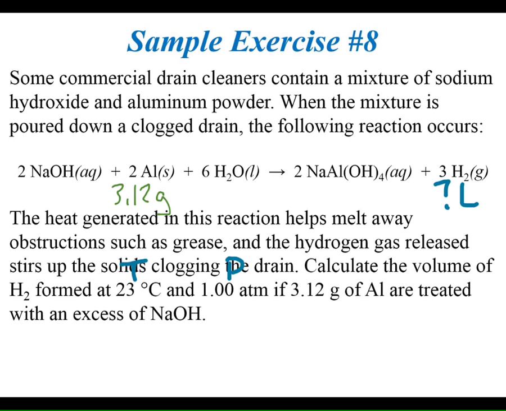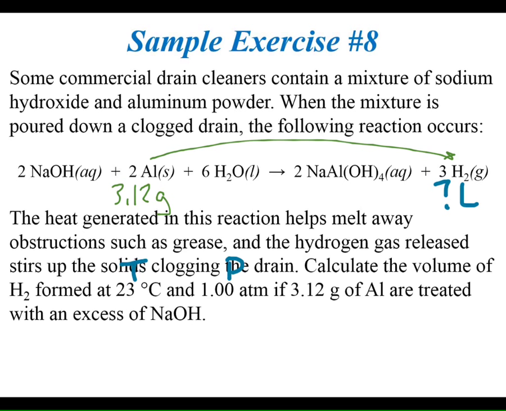How could I use that to help me find moles of hydrogen? How would I turn mass of aluminum into moles of hydrogen? I would turn mass of aluminum into moles of aluminum, and then use the mole to mole ratio.